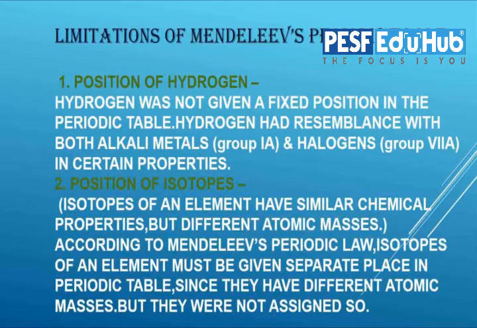The second limitation of Mendeleev's periodic table was the position of isotopes. I think you have already studied what an isotope is. Isotopes of an element have similar chemical properties but different atomic masses.